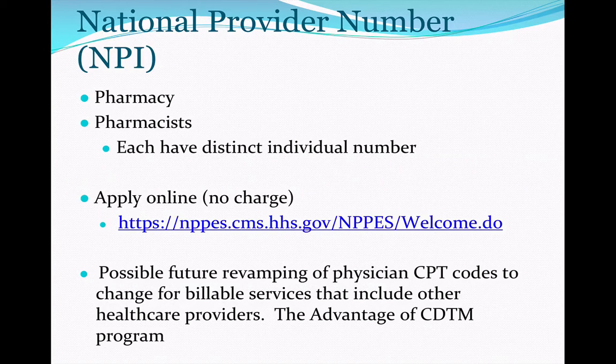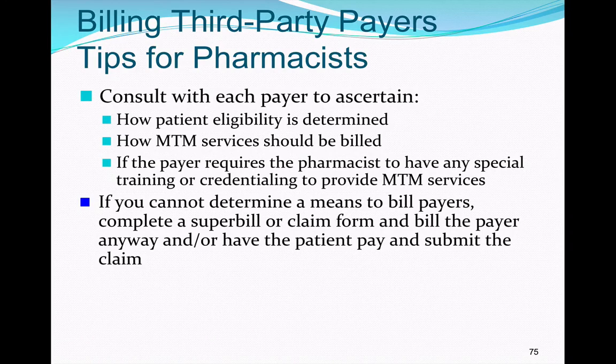I tell students this every year, that when you graduate, go ahead and get your NPI number. I've had an NPI number for almost 10 years now. I've never been able to use it, but why we keep telling pharmacists to go get an NPI number is that as we keep pushing for provider status, we keep showing, look at all these pharmacists out in the workforce willing and wanting to offer clinical services.